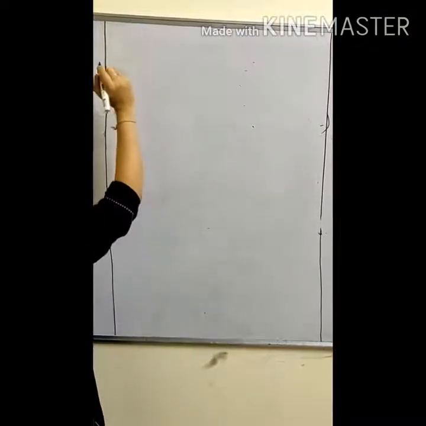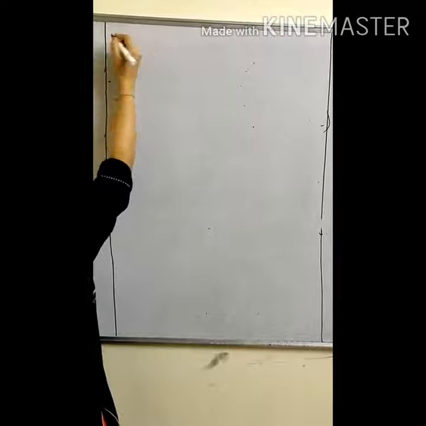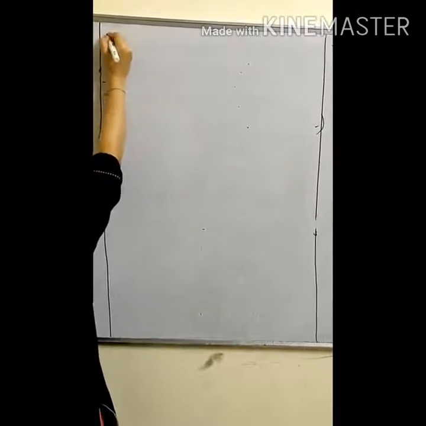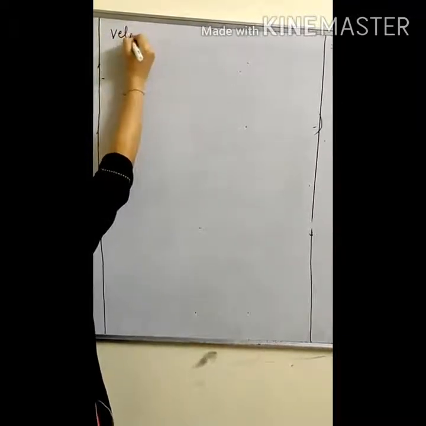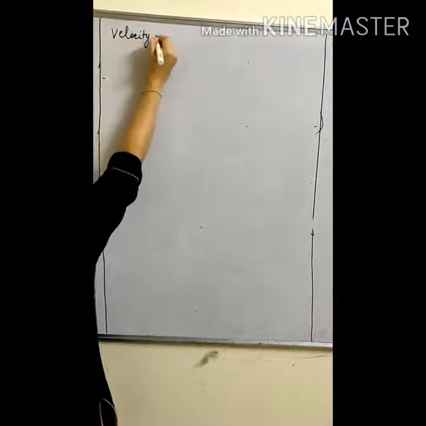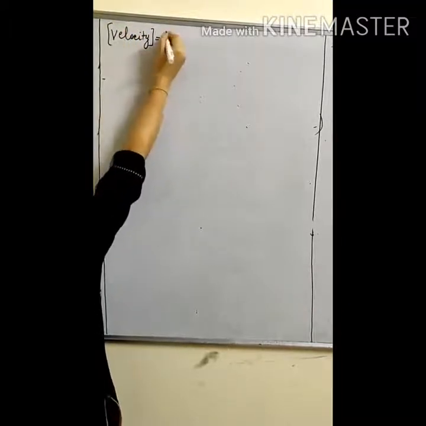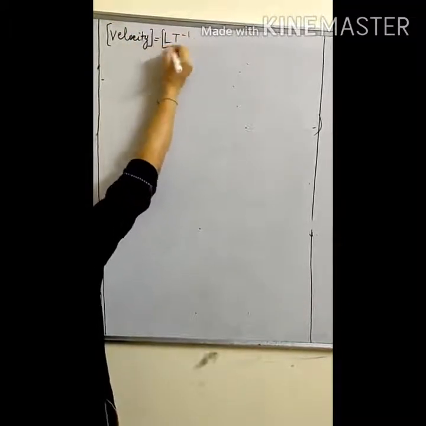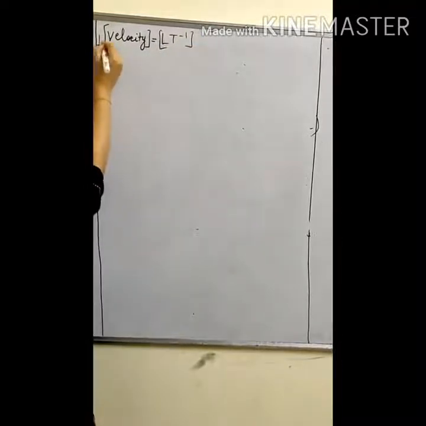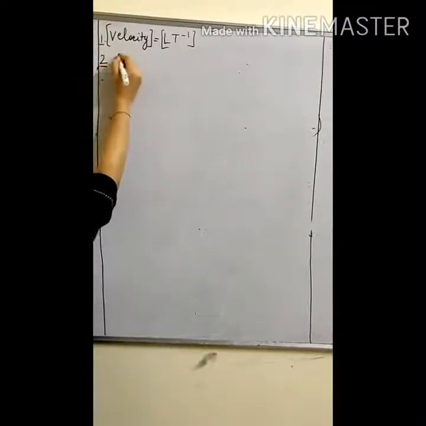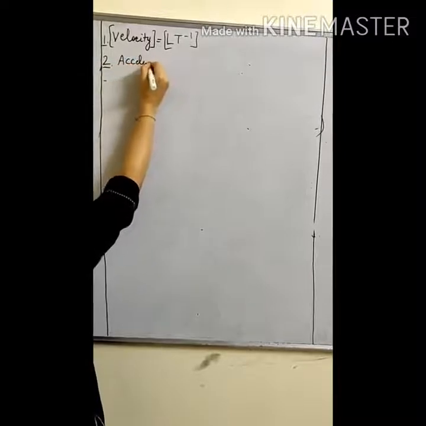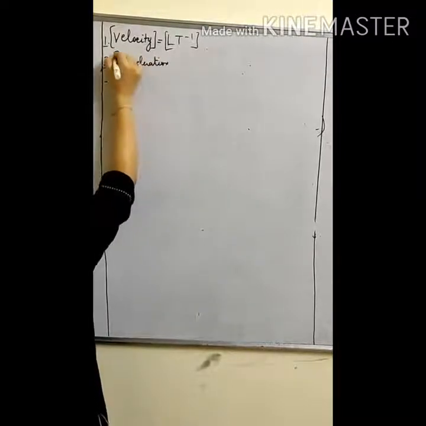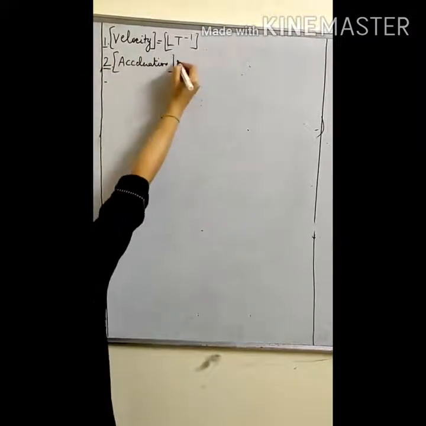Discussing some more quantities, number 1, we studied velocity. The dimension for velocity was LT^-1. Second quantity, we can consider acceleration. Now writing down its formula, what is acceleration?